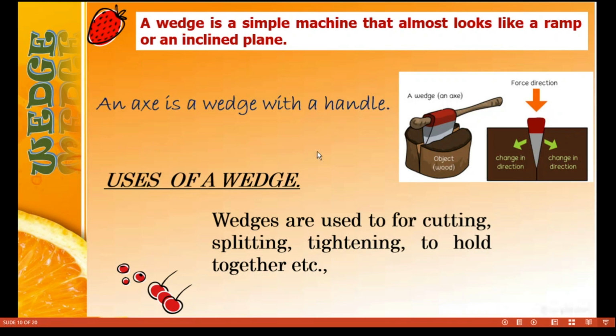So what are the uses of a wedge? Wedges are used for cutting, splitting, tightening, and holding things together. By using wedges, wood can be split up in this way.